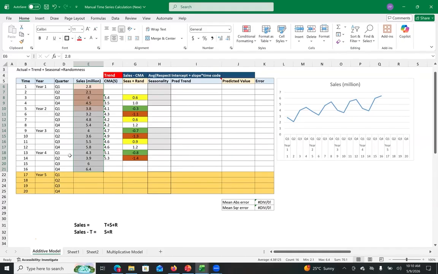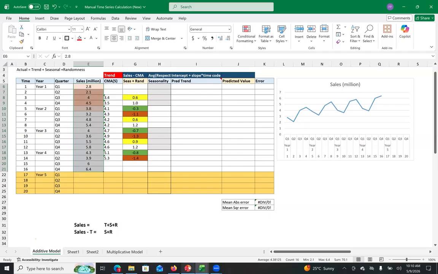The seasonality component will repeat itself. But when we combine the trend component and the seasonality component together, you will see that the values will not repeat itself.